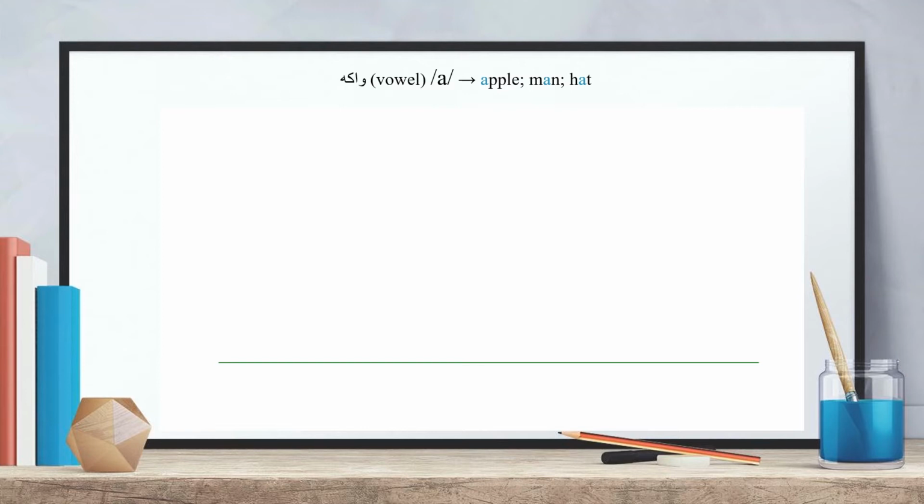The next vowel is the short vowel A, like in English words apple, man, hat. When we want to write it in the beginning of a word, we start from top to bottom, exactly like A, but this time instead of a hat over A, we just put a short sign like this.